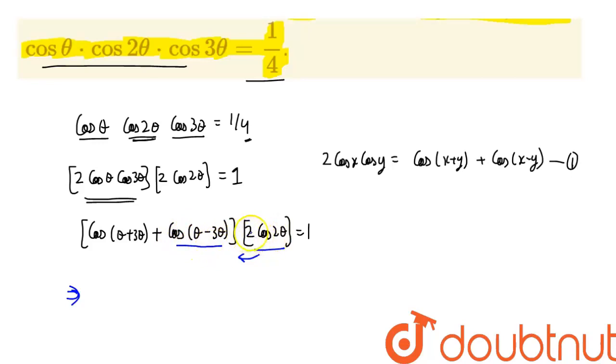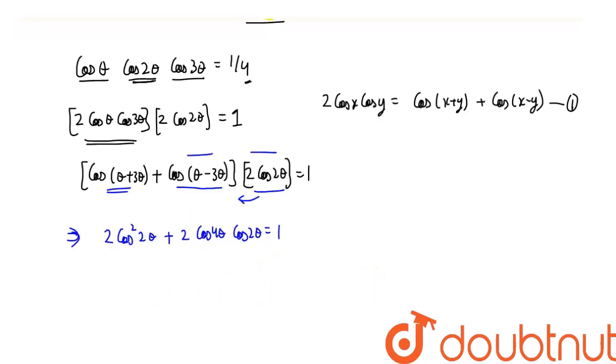So we have 2 cos 2 theta into cos 2 theta, that is 2 cos square 2 theta. Now we multiply with the first term: plus 2 cos of theta plus 3 theta, that is cos 4 theta, times cos 2 theta.